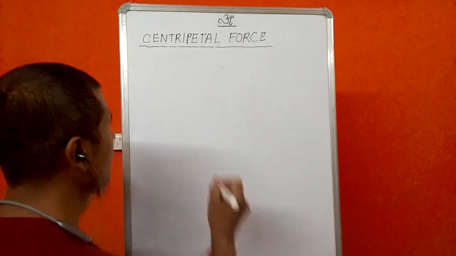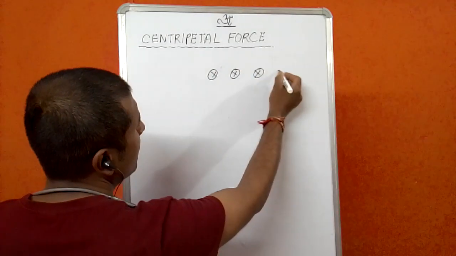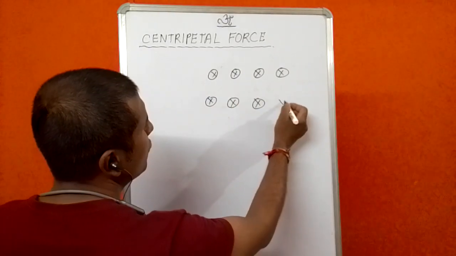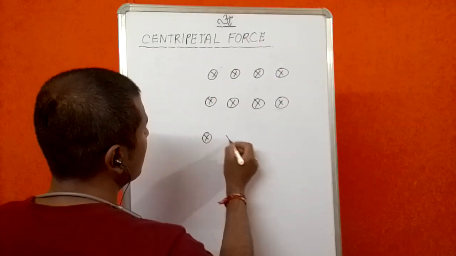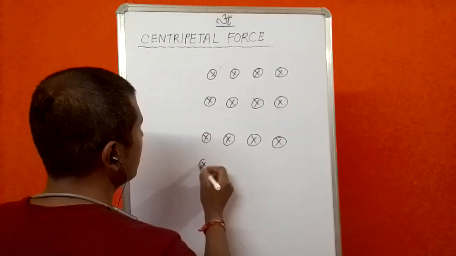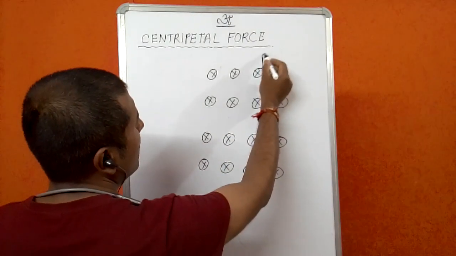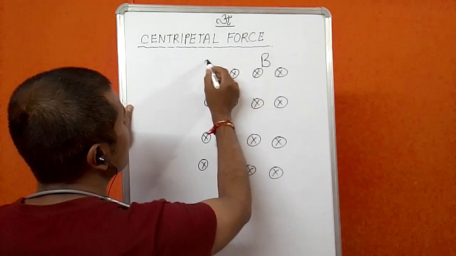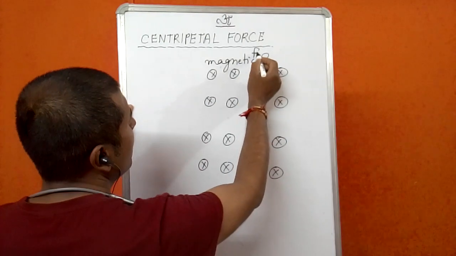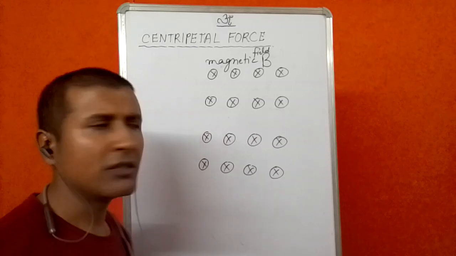Now let's suppose this is a magnetic field, right? This is a uniform magnetic field, and the magnetic field has been given as B. Magnetic field, it is denoted by B, capital B, right?